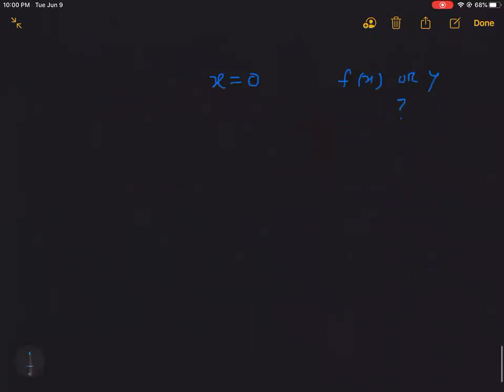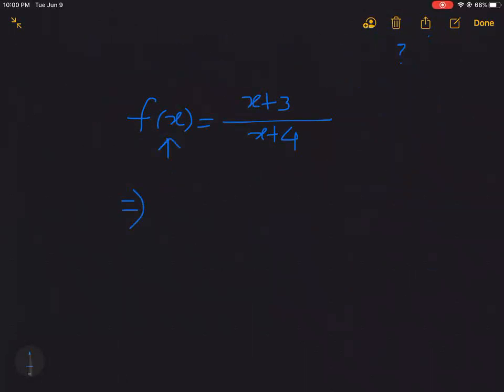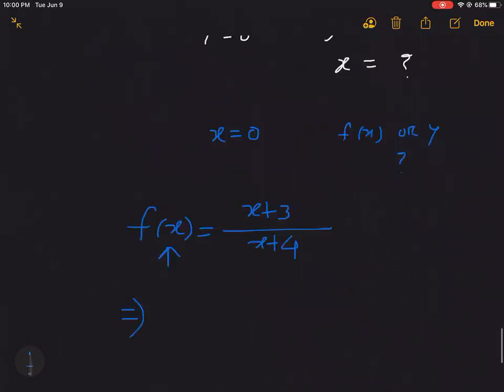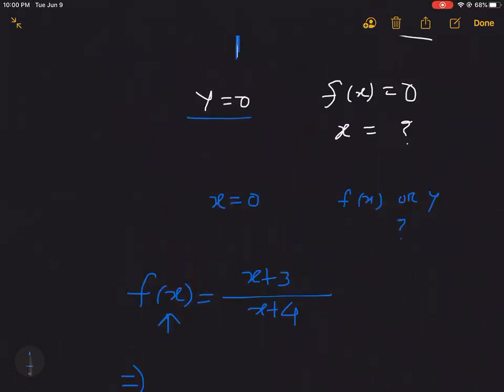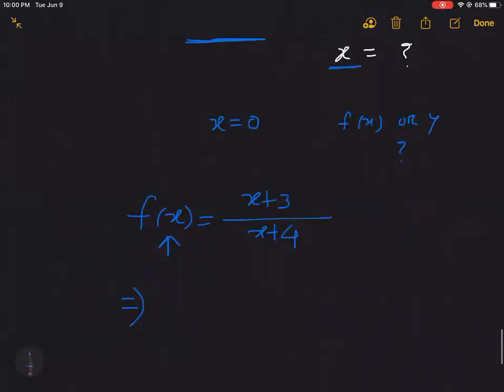Okay, so now for this particular problem, we are looking for the x-intercept when our function is x plus 3 over x plus 4. That means we'll set this to 0, right? As I said, we need to set f of x or y, either one, to 0 and solve it for x.